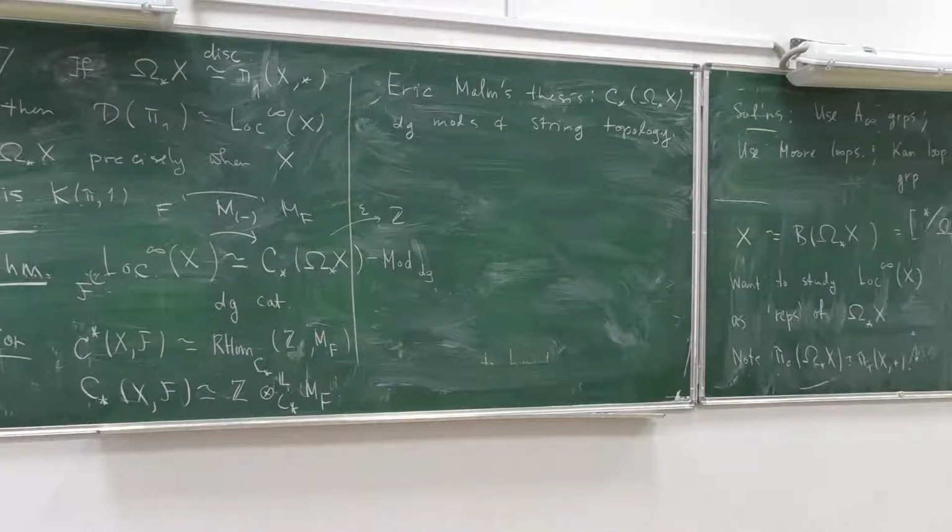An infinity groupoid is a special kind of infinity category, and you can study infinity functors from it to the category of, say, DG modules, complexes of abelian groups. That forms a category. You can think of it as representations of the infinity groupoid. And that's a purely homotopical way to talk about this category. It's also equivalent to this.